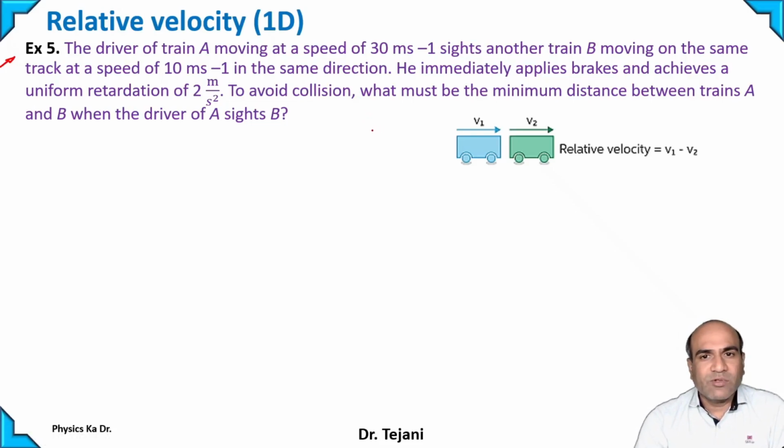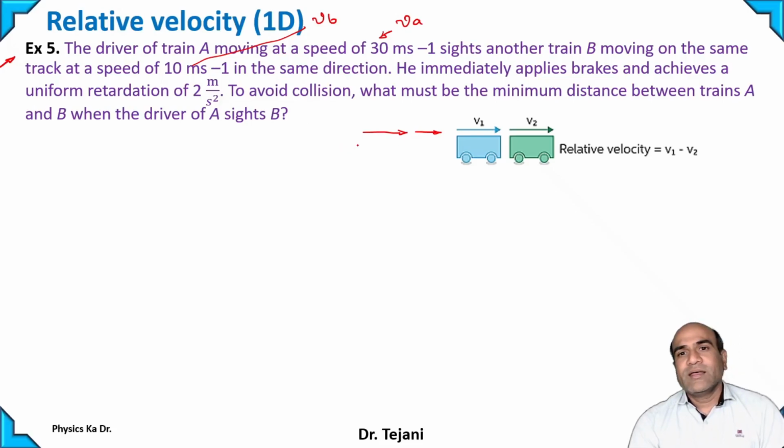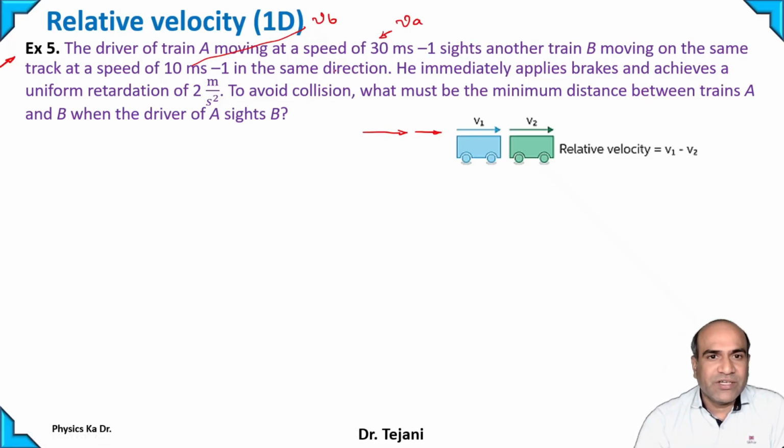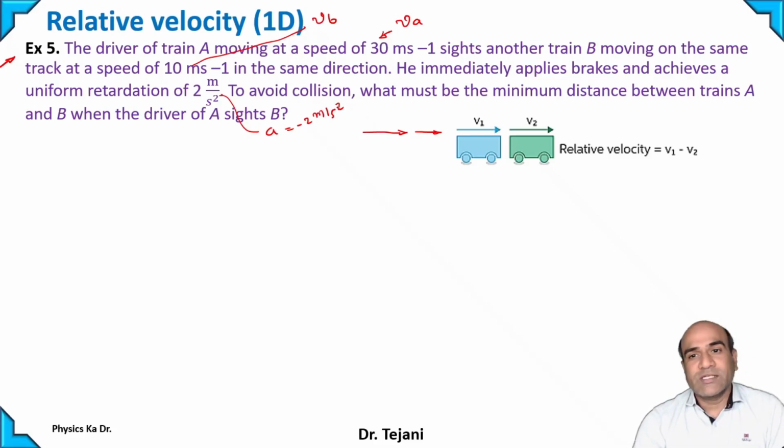See, both the trains are moving in the similar direction. So here let us assume this becomes VA and the other speed becomes VB. Now he immediately applies brakes and achieves a uniform retardation. Here it is talking about uniform retardation, for example, A is equal to minus 2 meter per second square, to avoid collision.